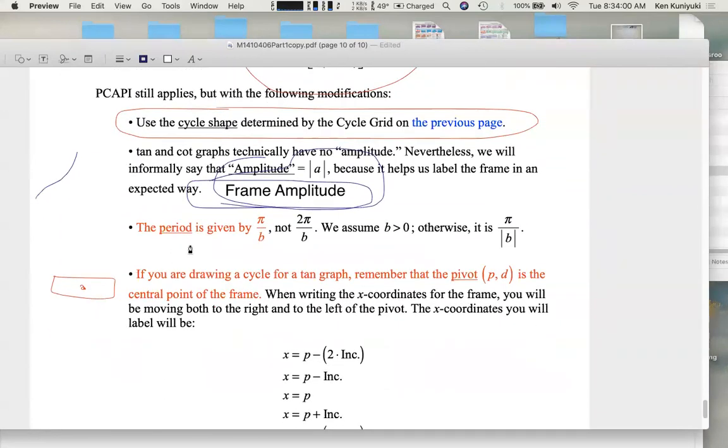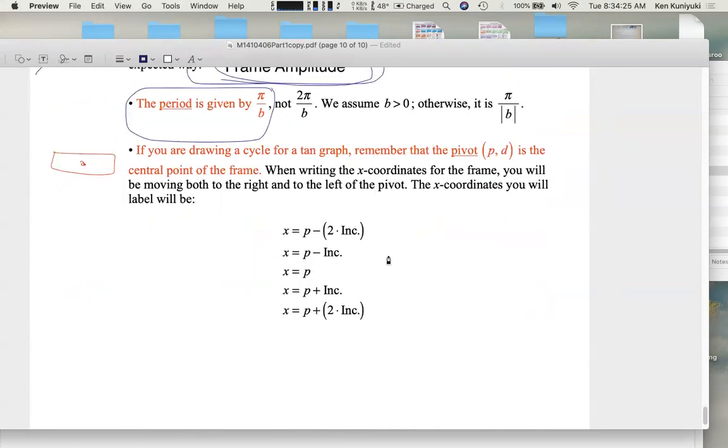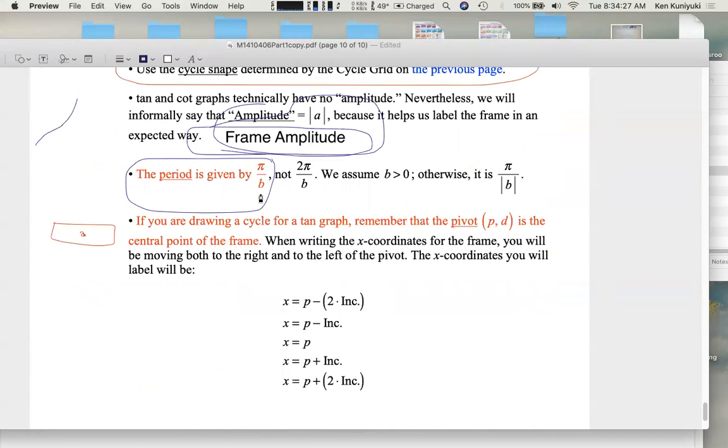The period is given not by 2 pi over b, but by pi over b. Remember that for the basic tangent and cotangent functions, the period was pi in both cases. It was 2 pi for sine and cosine. Later on, when we graph something like this, where b is the coefficient on x, the period in general is given by pi over b.